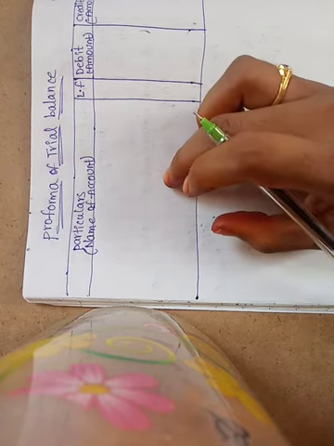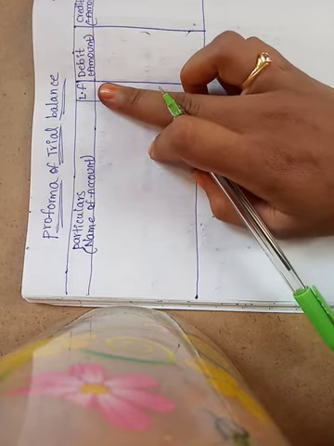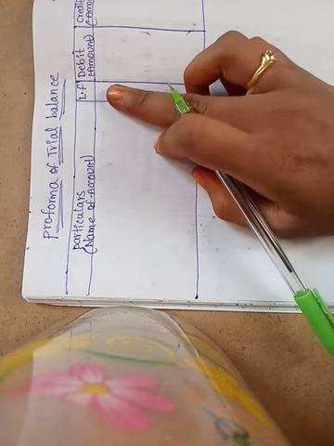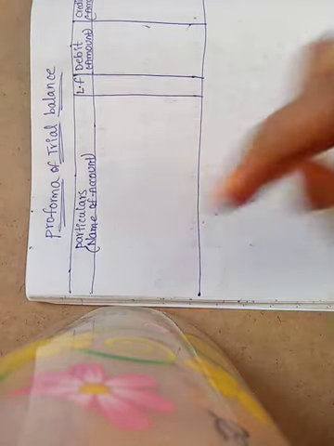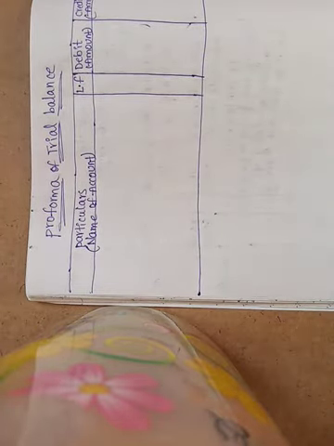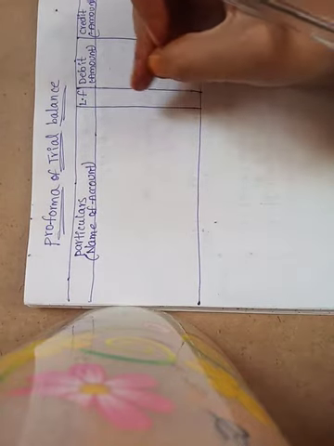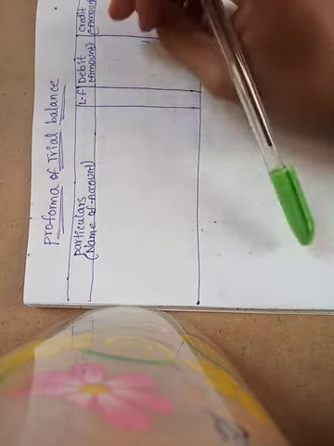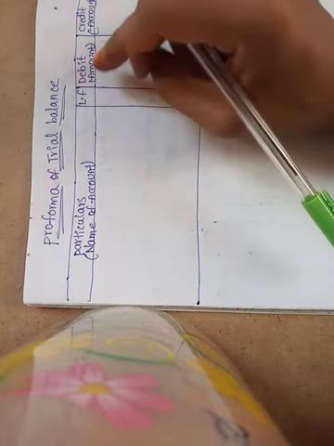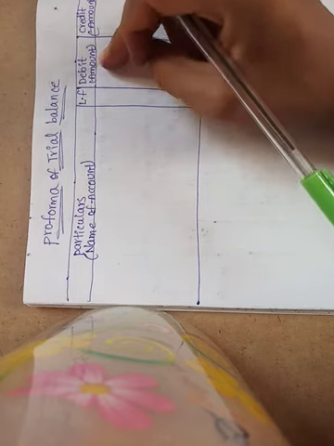Next is this ledger folio. Ledger folio means the page number of the ledger account, in which page that ledger account is prepared, like the 10th page or the 15th page. Leave this ledger folio, because in the problems this will not be given. Next are debit amount and credit amount.